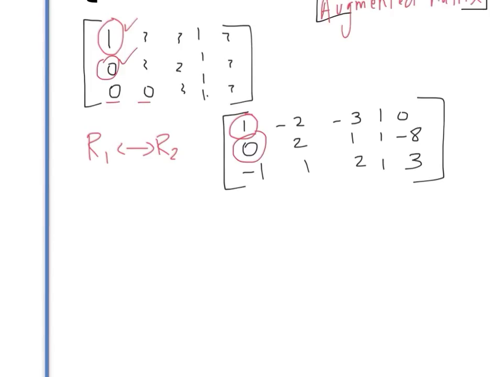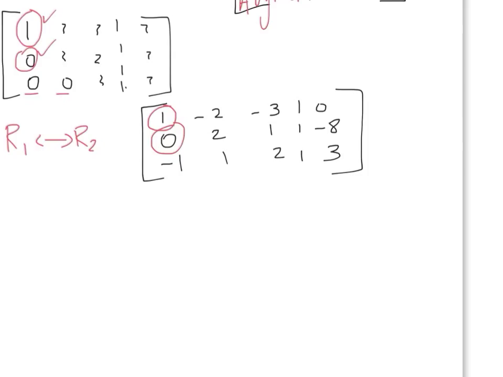So what can I do? If I add the first and the third row, 1 plus -1, that's a 0. And I place the addition in the third row. So what I'm going to do is add row 1 and row 3 and place that in row 3.